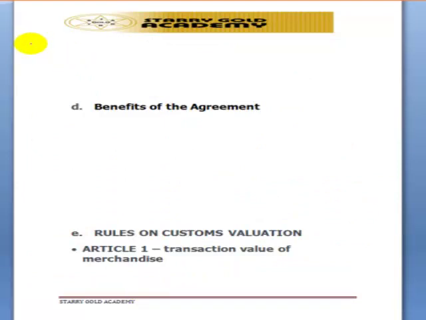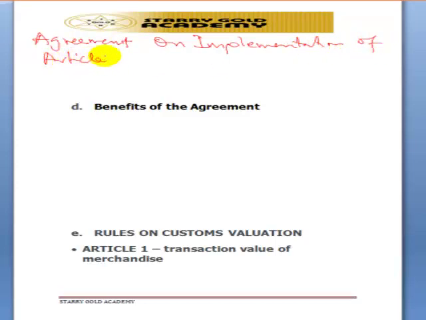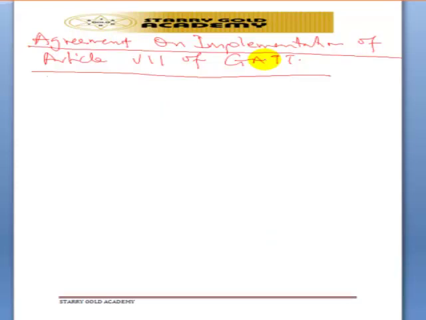On implementation of Article 7 of GATT. Article 7 of GATT outlines the requirements for valuation for customs purposes and is applicable to all members of the World Trade Organization.